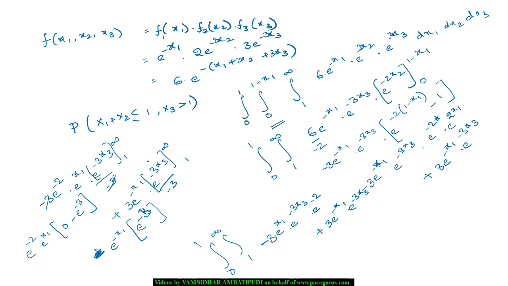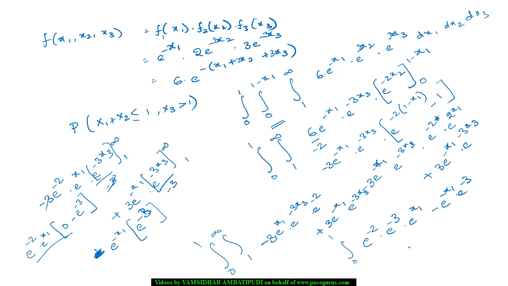So overall I am getting e to the power of minus 2 e to the power of minus 3 e to the power of x1 minus e to the power of minus x1 times e to the power of minus 3. Now I'll integrate it between 0 and 1.